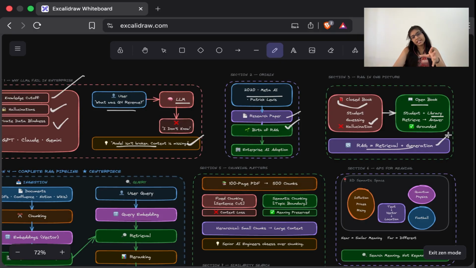Instead of forcing an LLM to rely solely on its training data, RAG allows it to retrieve relevant information from an external knowledge base provided by your company, or by you for a specific project, so that the LLM can use that knowledge base via RAG before generating a particular answer.